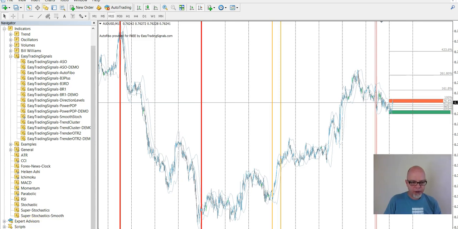I hope it works. Right, so this area here would be the first wave.